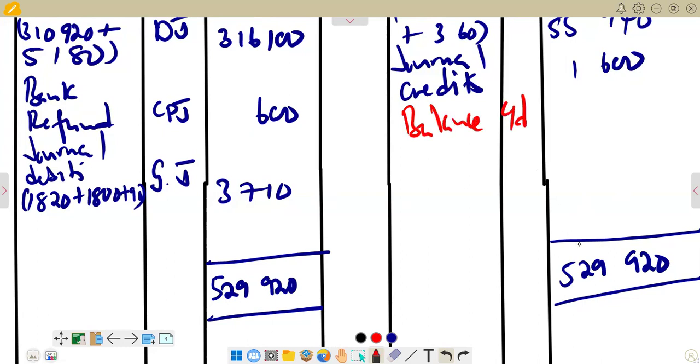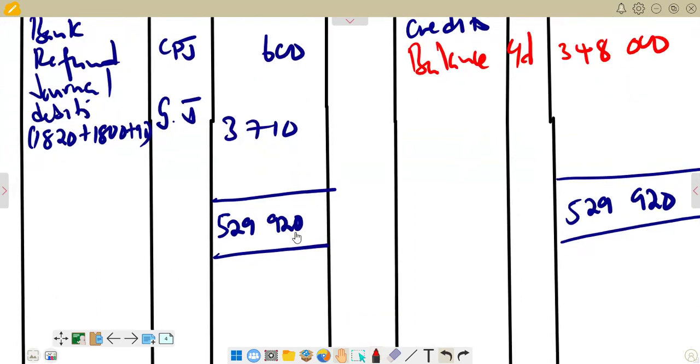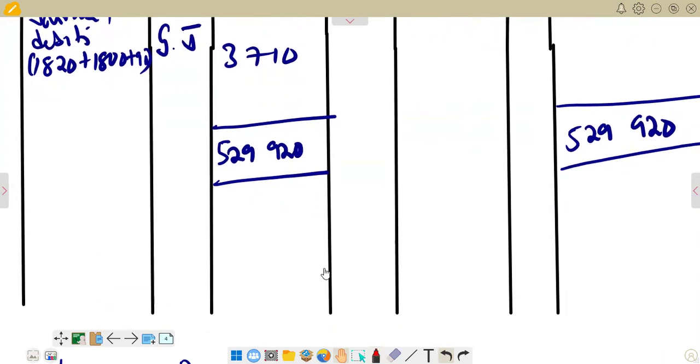And then we subtract everything that we have on the credit side, the total, from the figure which is in between the double lines. Then obviously the difference that we are going to get there is 348,000. So the balance BD is supposed to come on the opposite side below the double line. So we are saying balance BD. Obviously our BD should come in the column.